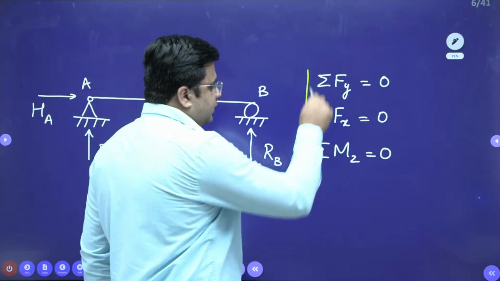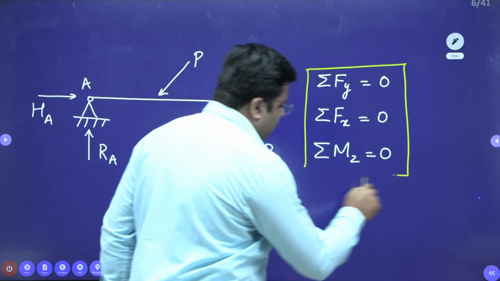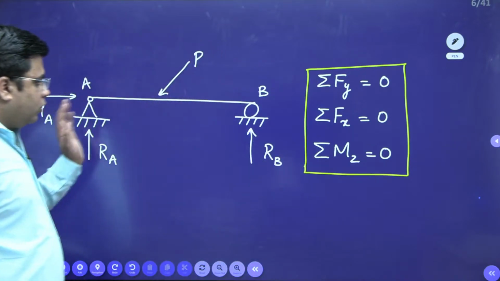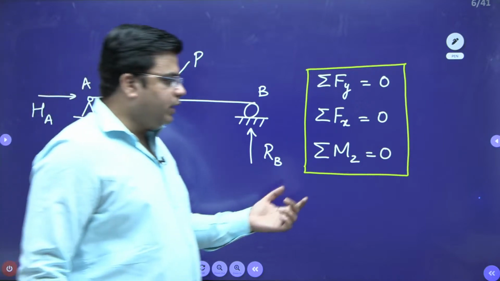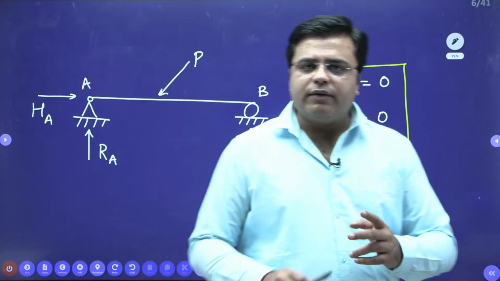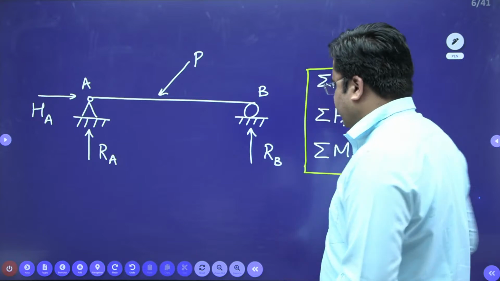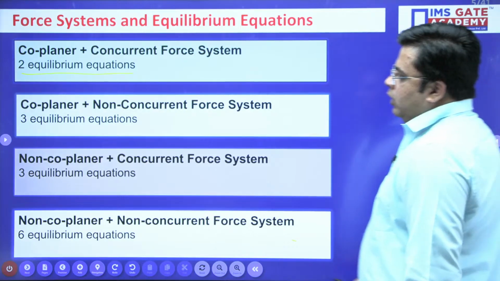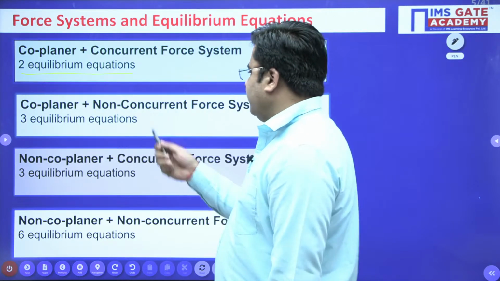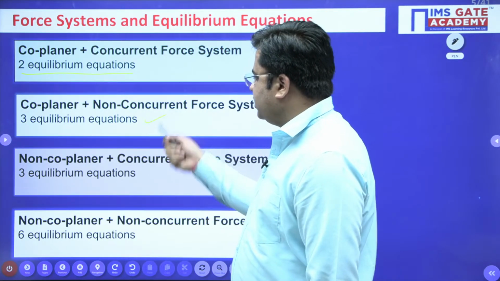So these are the 3 equilibrium equations that we have for a coplanar non-concurrent force system. Moving on with this. So for a coplanar non-concurrent force system, the number of equilibrium equations is 3.